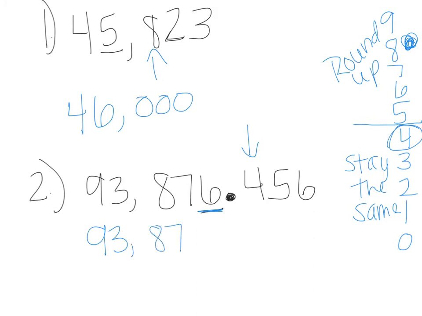Because the 4 is less than 5, the 6 is also going to stay the same. Now, you may place a 0 after the decimal, but really remember any zeros after the decimal, if there's no other digits behind it, are unnecessary. So I can just write my number, 93,876.